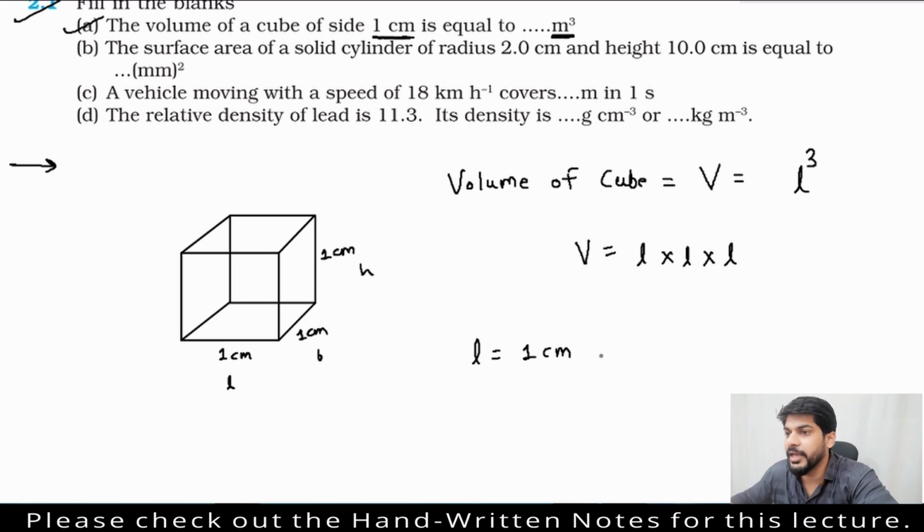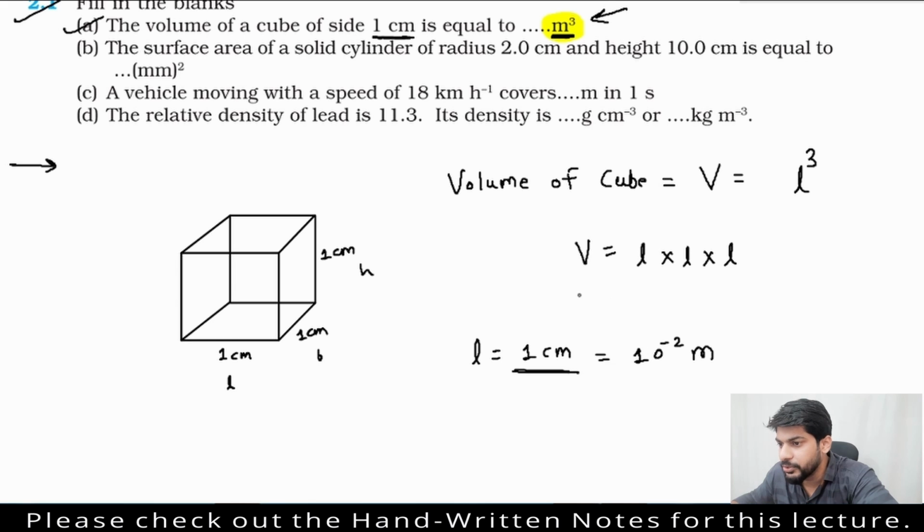Now we have to find out the answer in meter cube. So you can see here it's meters cube. So what we will do is we will convert these centimeters into meters. So 1 centimeter is how much? Nothing but 10 raised to minus 2 meters, right? Let's put all these values here.